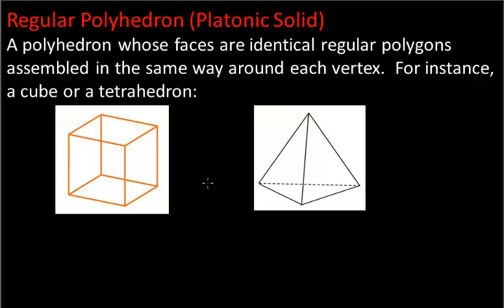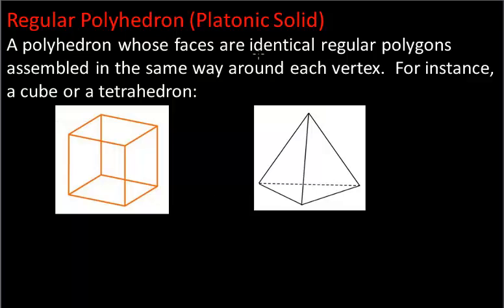So a polyhedron was just a 3D solid with faces that are polygons. But we want to define a regular polyhedron. That's what this section 4.5 is about. A regular polyhedron, or a Platonic solid, is a polyhedron whose faces are identical regular polygons.